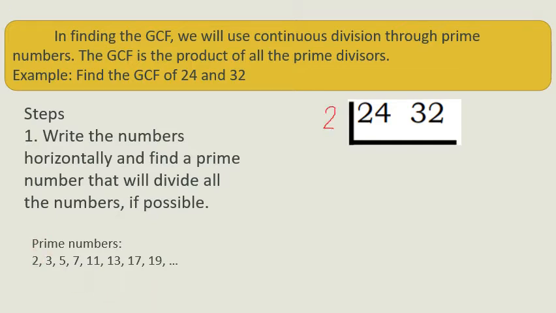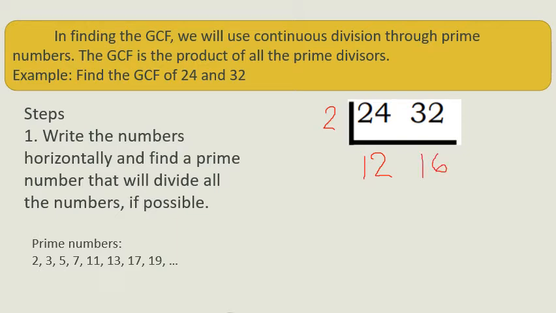So, 2 ang ilalagay natin dito sa gilid. And then, we will divide 2 to each number. Okay, so 24 divided by 2 is 12. So, dito natin ilalagay sa baba. Okay, then 32 divided by 2 is 16.